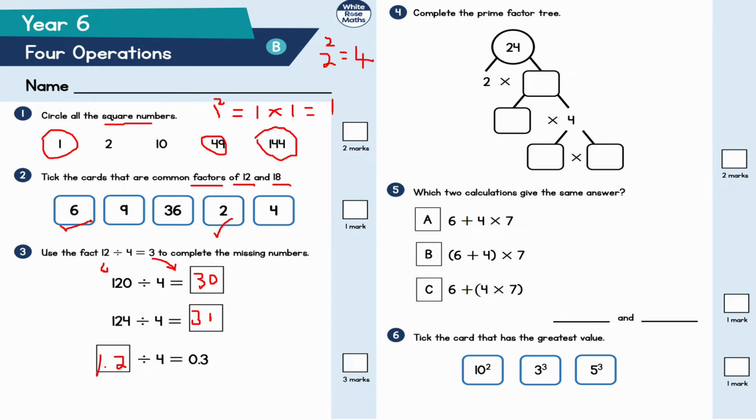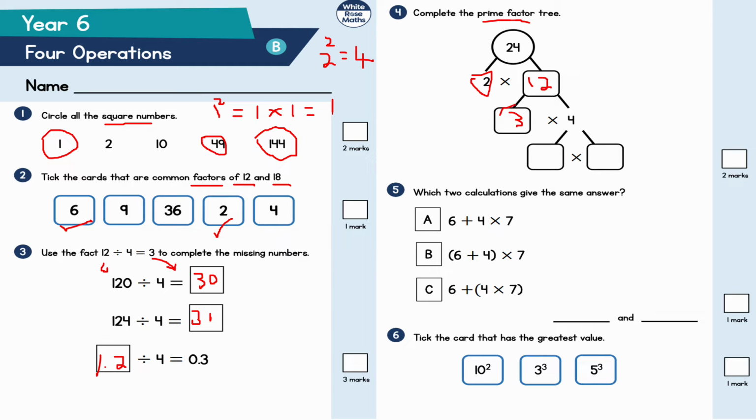This is question number 4, guys. Complete the prime factor tree. So prime factor tree just means factors of 24 that multiply to give me the number 24. That's what I call prime decomposition. So 2 is a prime number, so I can just lock it off by circling it. 2 times 12 is 24. 12 is 3 times 4.